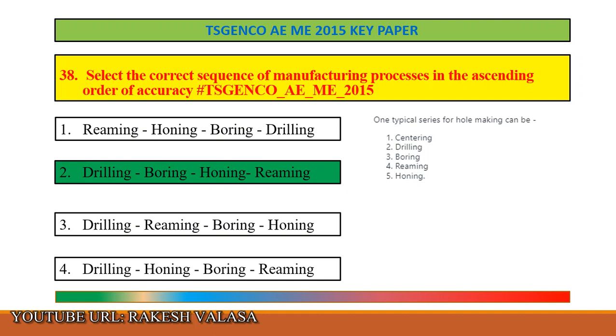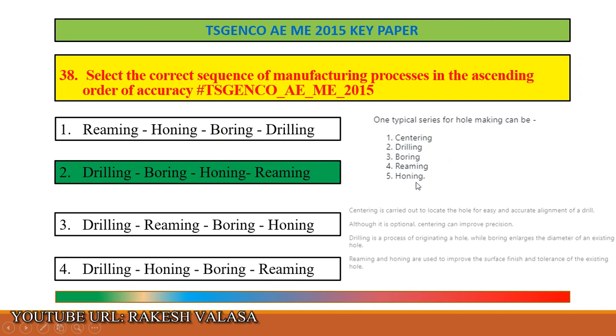You can see here one typical series for hole making can be centering, second drilling, third boring, fourth reaming, fifth one horning. Centering is carried out to locate the hole for easy and accurate alignment of a drill. Although it is optional, centering can improve precision.